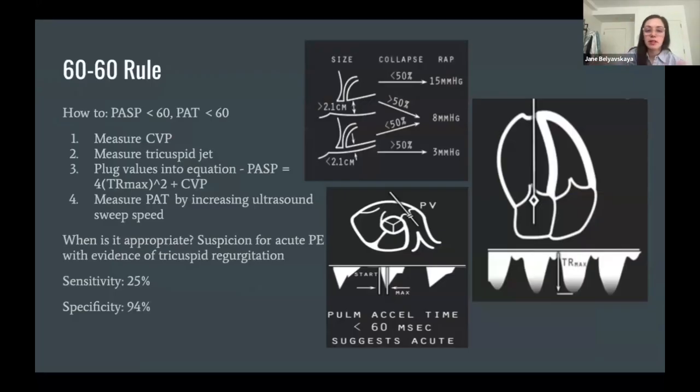Taking all that together, except for your right ventricular free wall hypertrophy, you have come to the 60-60 rule, which maybe you've heard of, maybe you haven't, but is a useful tool to differentiate between acute and chronic right heart strain. It's especially useful in your patients with evidence of tricuspid regurg, but it has a specificity of 94% specifically for acute PE, but only a sensitivity of 25%.